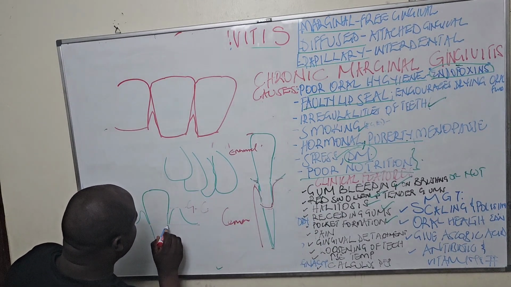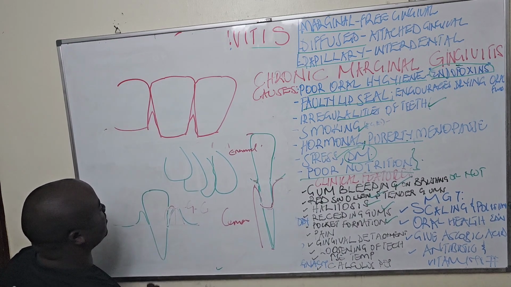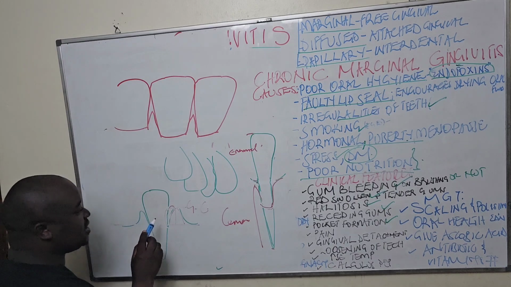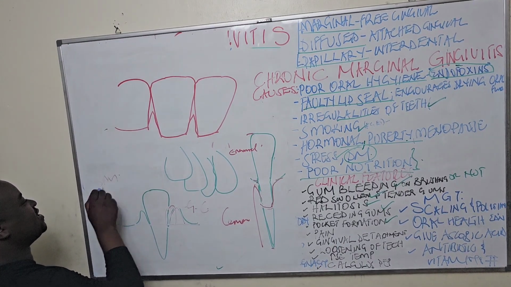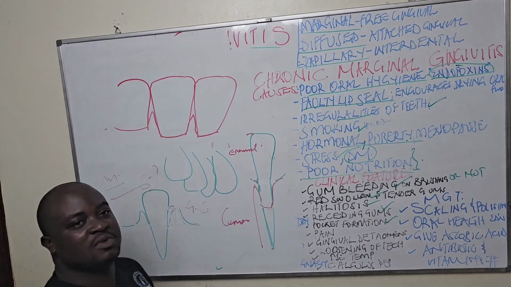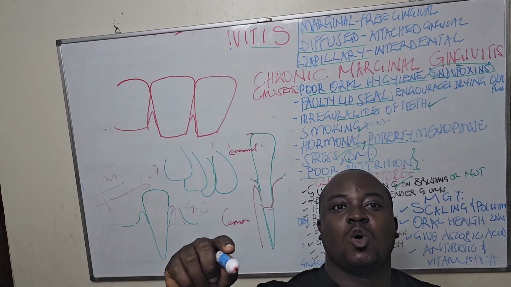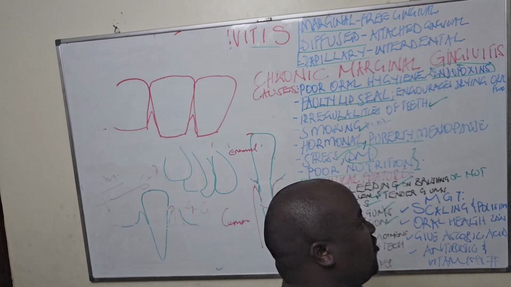So this area here is what we call gingival crevice. The moment it is more than 3 millimeters, from 4 up to maybe 6 or 7 millimeters, we shall call that a periodontal pocket, or the area around the tooth is affected.